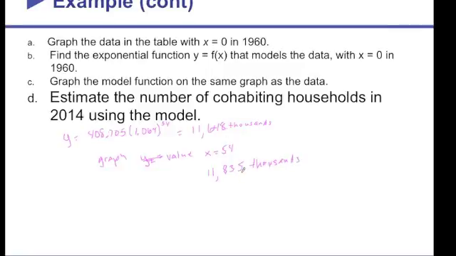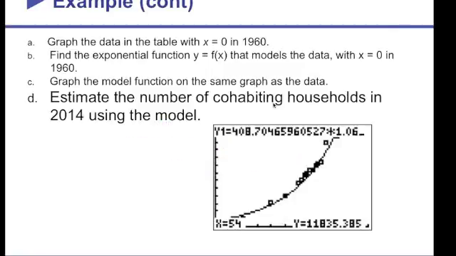So we get a little difference because this is the rounded model and this is the actual value from the equation. And here's where we got that answer from the intersection.